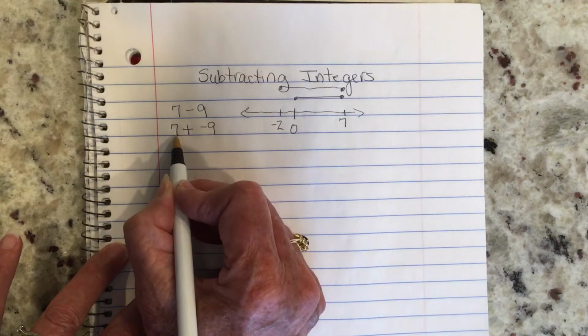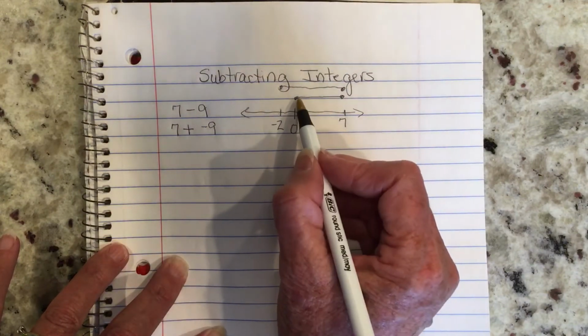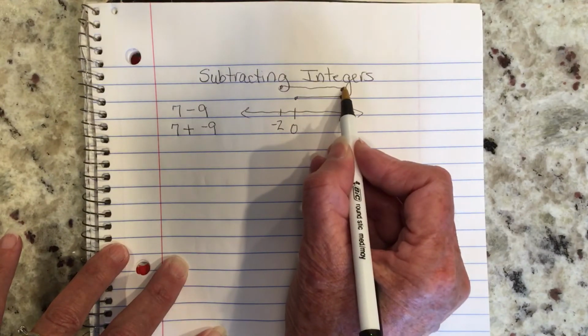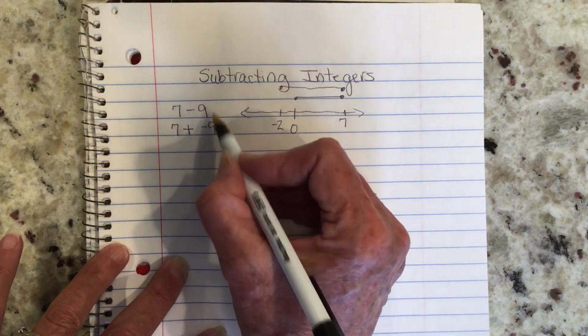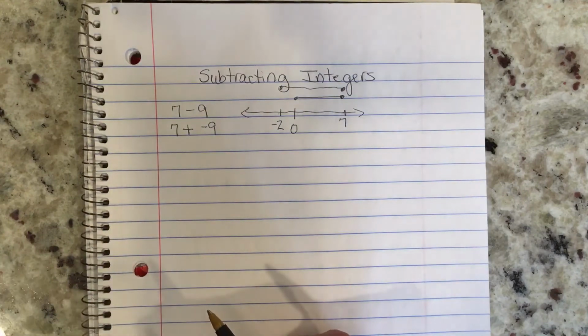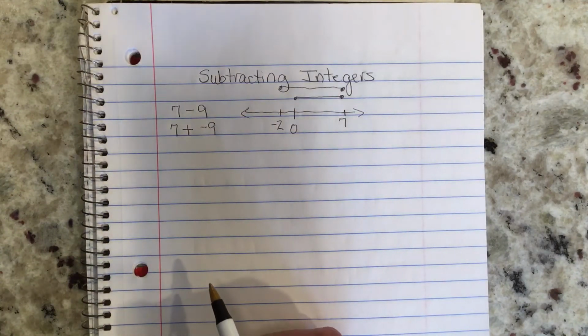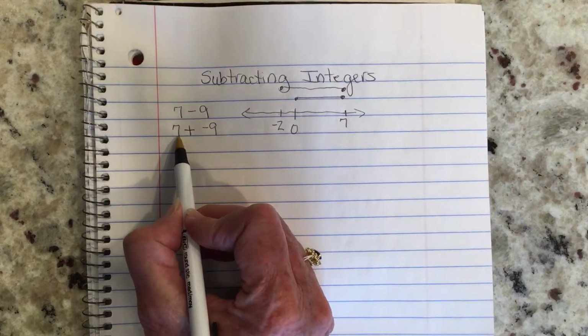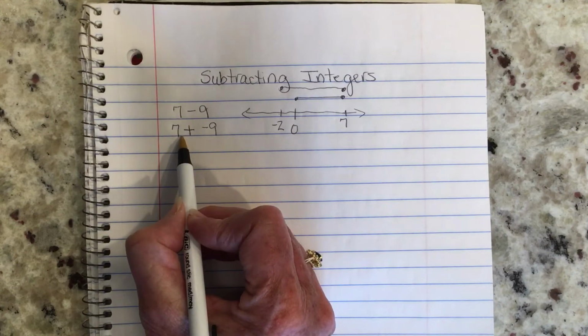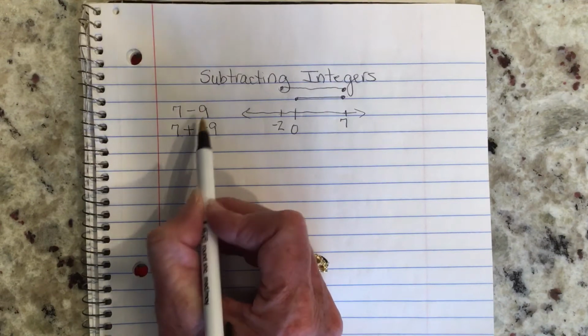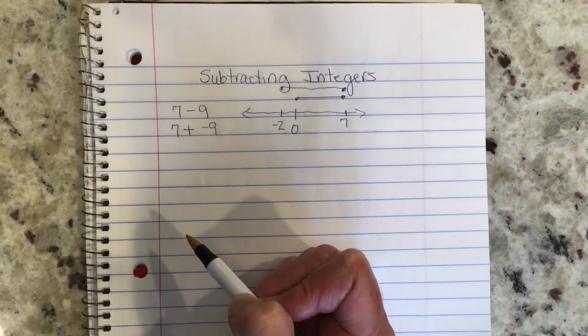So is that the same as 7 plus negative 9? So let's look at it. 7, and then we add negative 9. So these two are equivalent. So we change that subtraction problem to an addition problem by doing copy. I copied the first number, changed it to addition, and then took the opposite of the second number.